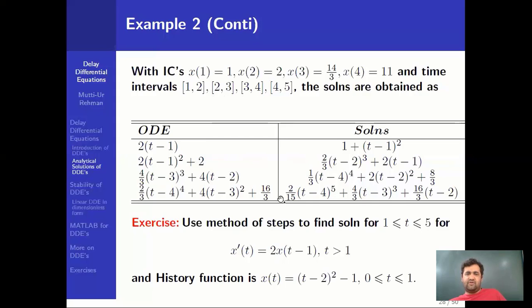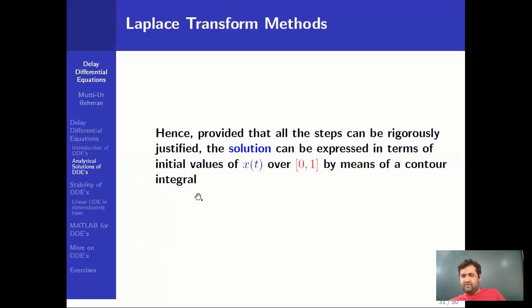So for this interval, you will see that your solution is basically this guy for the delay differential equation. Let me give you an exercise, where I slightly vary this history function. Let's say it's this guy, and the interval is 1 to 5. Please try it.